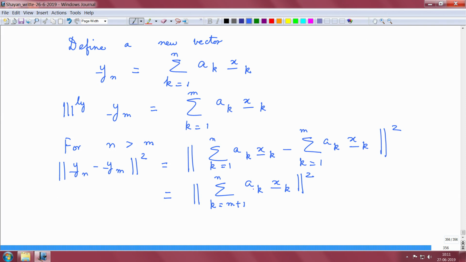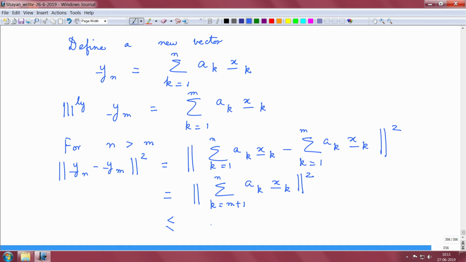Now what I can do is replace this with an inequality, where I pull the norm inside.